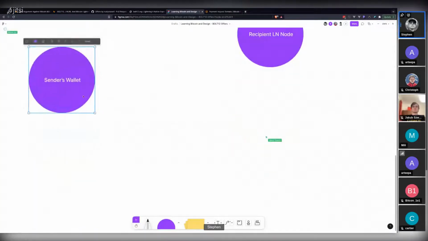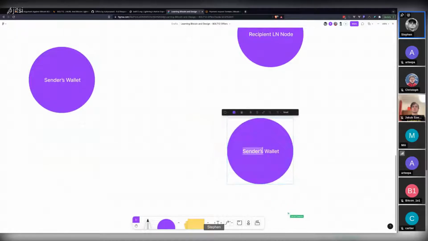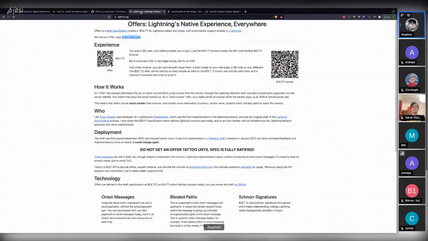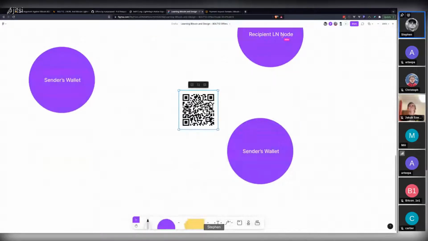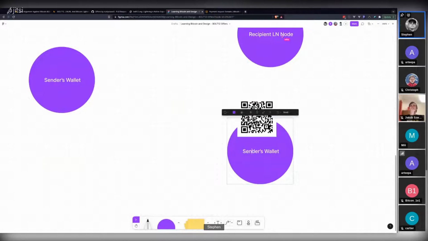And then we might have something here that would be the Bolt 12 offer. I'm going to copy this one from Rusty's website. And we'll just call that Bolt 12 offer.